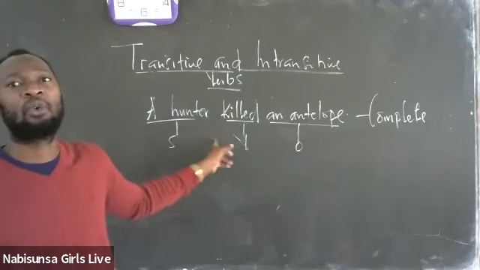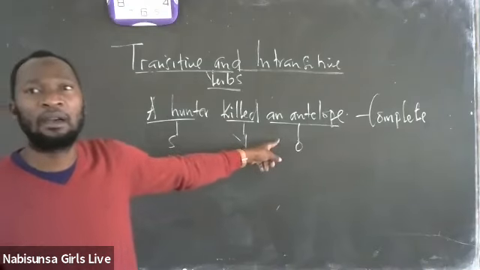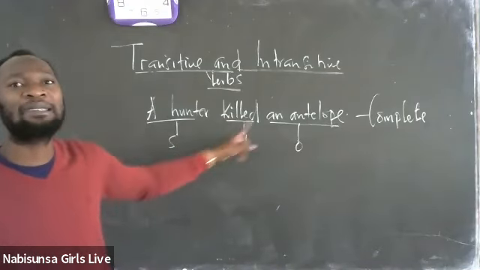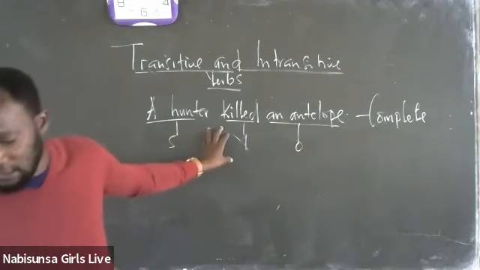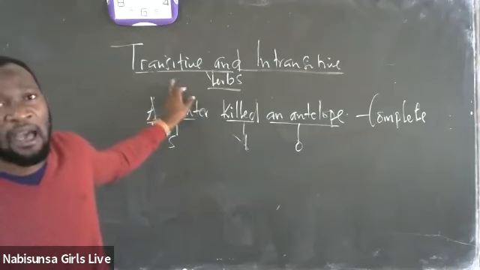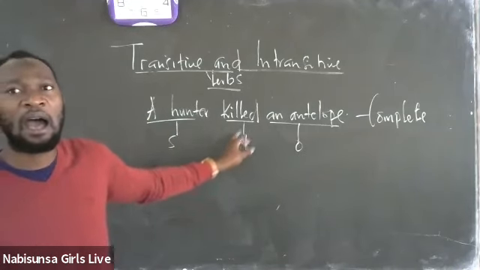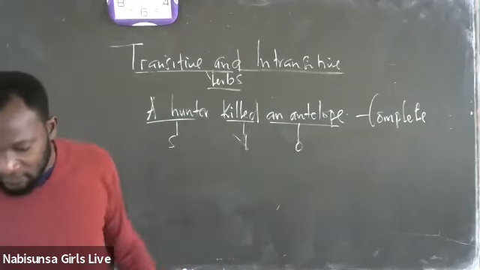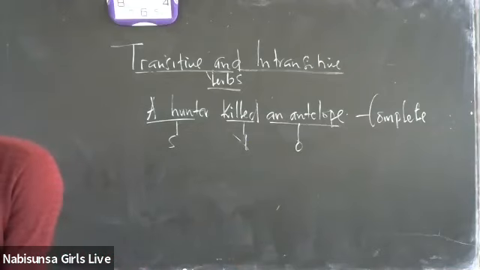So we must have an object here to make this sentence complete. And therefore, we are saying that transitive verbs are verbs that require an object to complete their meaning.